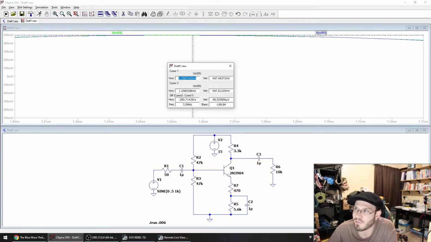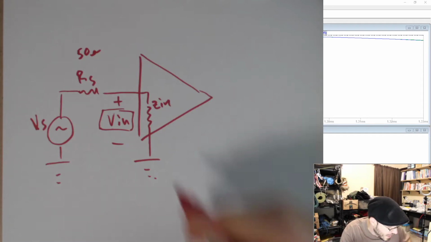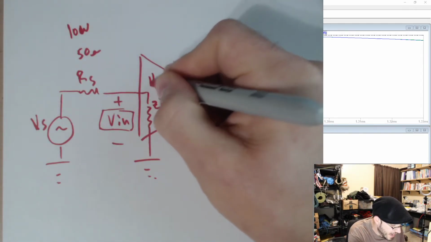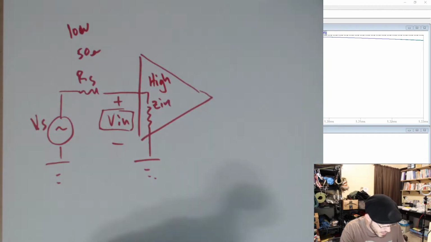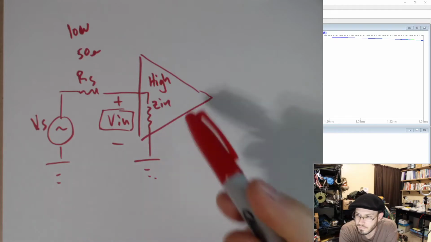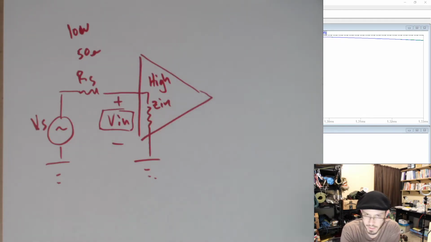in this example. If I go back to the whiteboard over here, I have a low impedance and I have a high impedance on my amplifier. And remember, this is just a stand-in for our entire circuit.